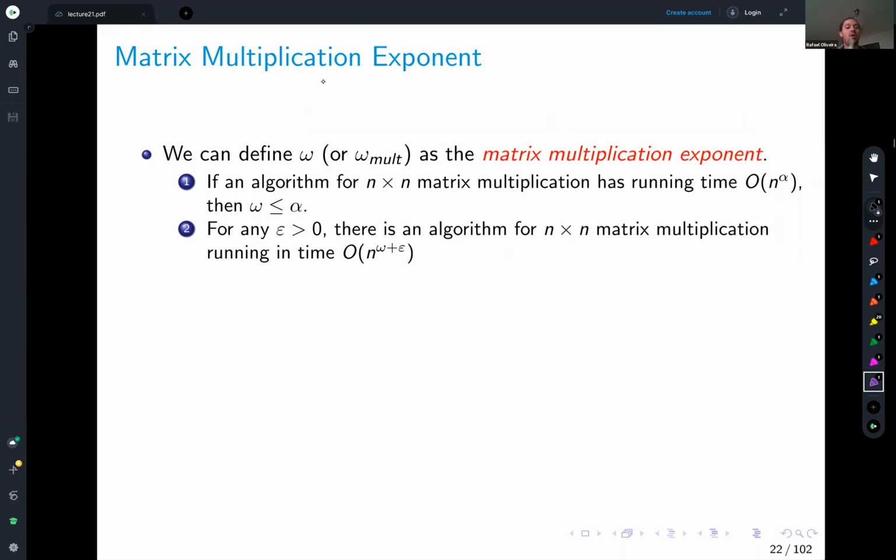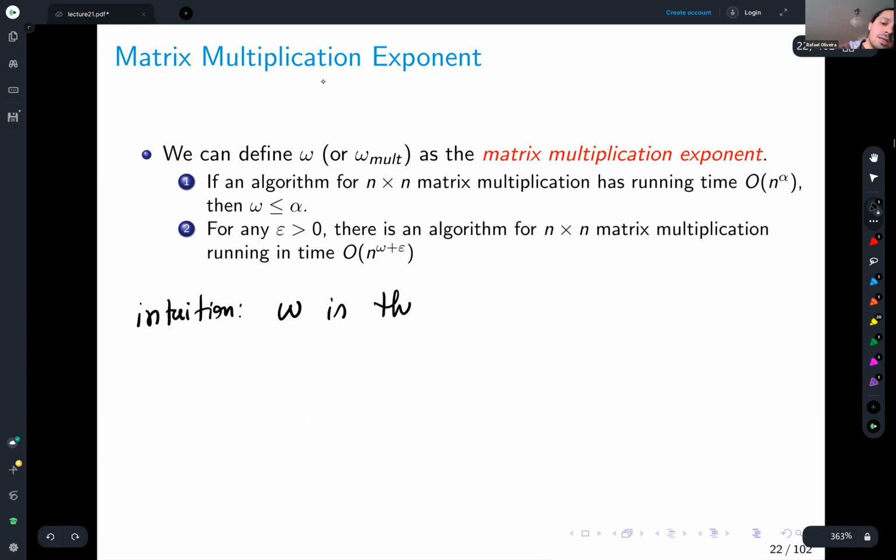Then we're saying that omega is less than or equal to alpha, right? What is the intuition for defining omega? Omega is the exponent of the best algorithm for matrix multiplication. That's what we want to capture, right?